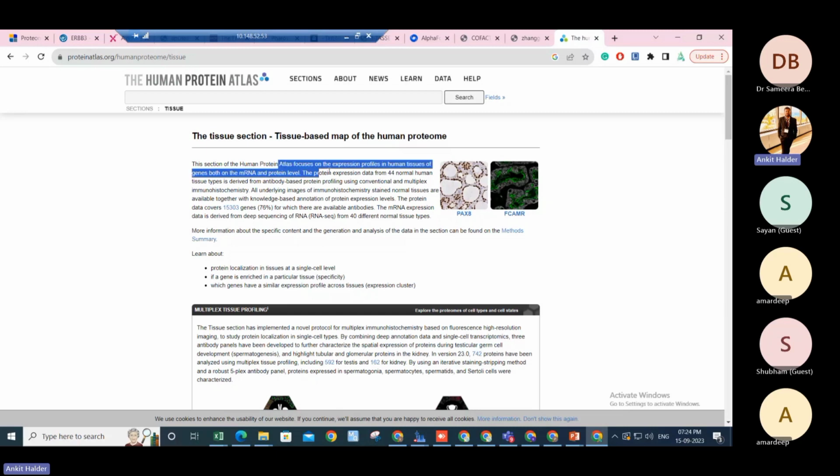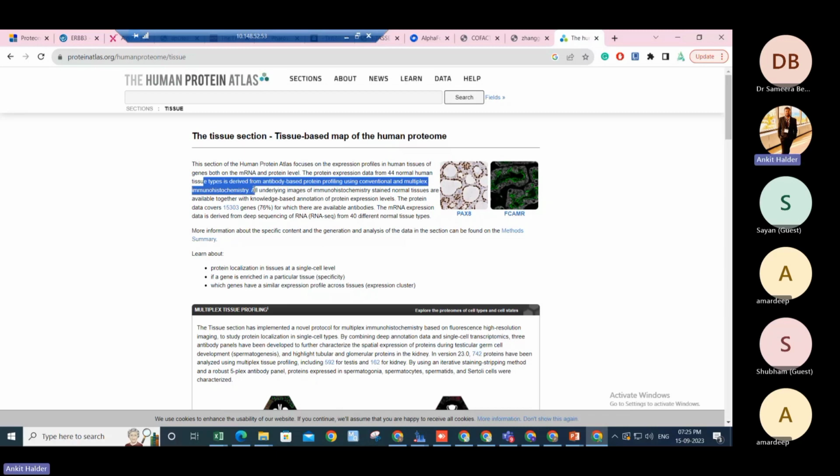Here you can see the expression profiles in the human tissues of genes, both at the mRNA and the protein level. The 44 normal human tissue types are derived from antibody based protein profiling using conventional and multiplex immunohistochemistry.